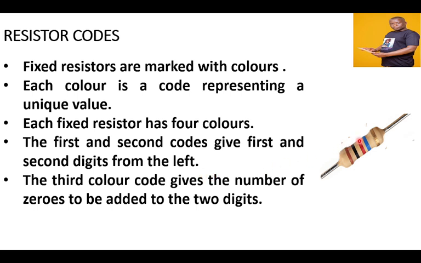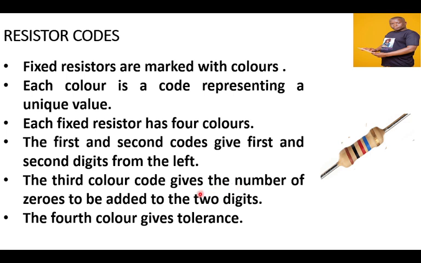But the third code, which is this red here, suppose it is 6. That 6 represents the number of zeros which you have to add to the first and the second digits. Okay, I'll take you through an example where this can be appreciated practically.